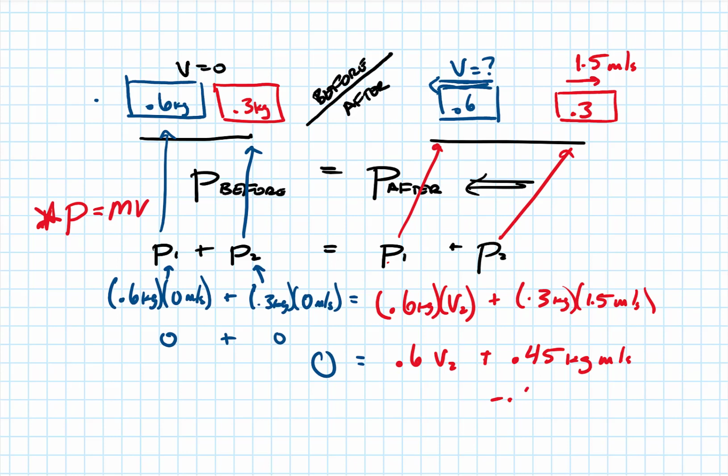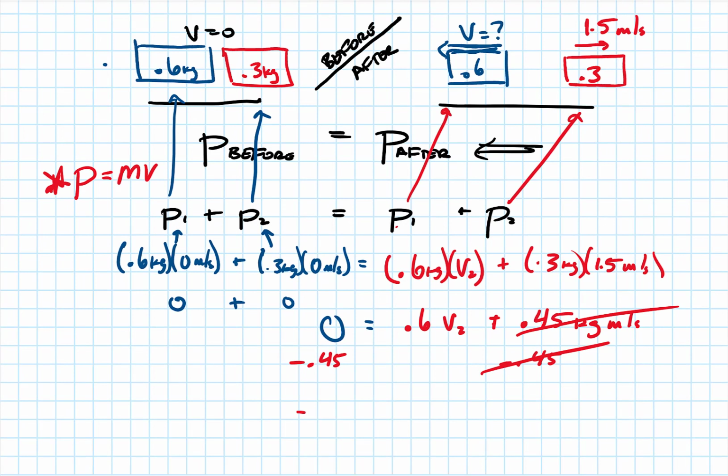We'll subtract 0.45 from both sides. So that crosses out. I get negative 0.45 is equal to 0.6 times V final. And V final comes out to be negative 0.75 meters per second. It's just what we did before. I just wanted you to see it all at once, all the way through.